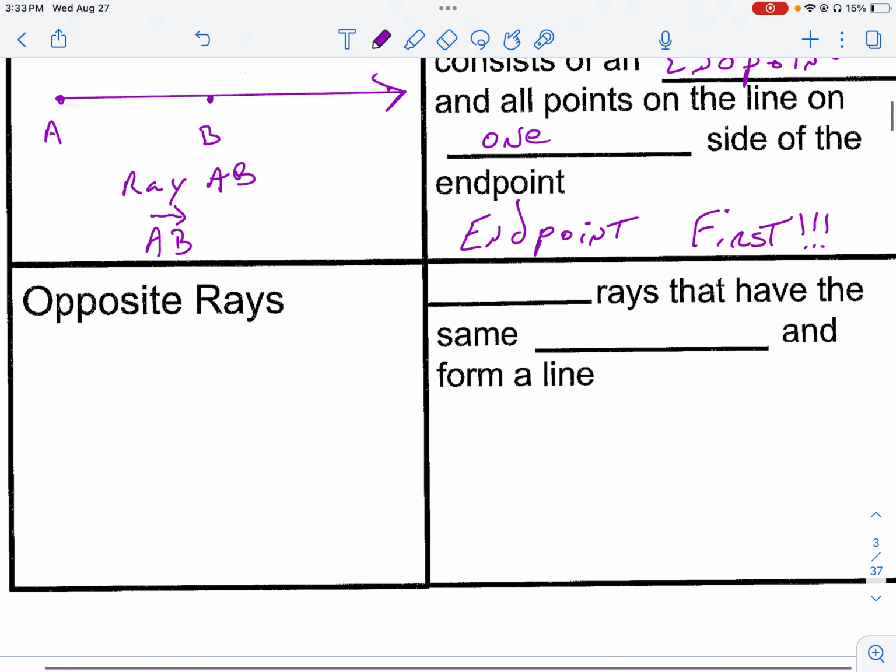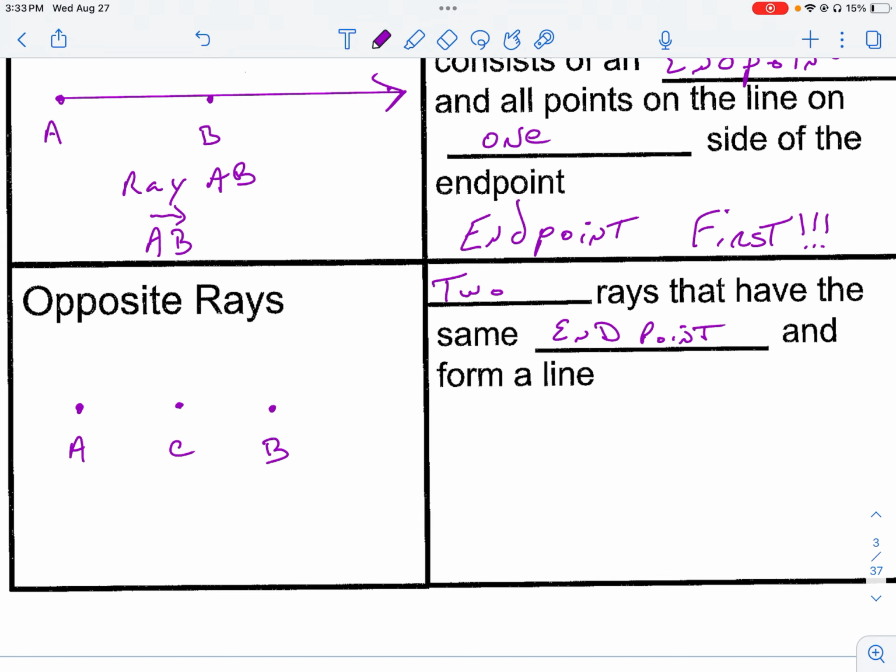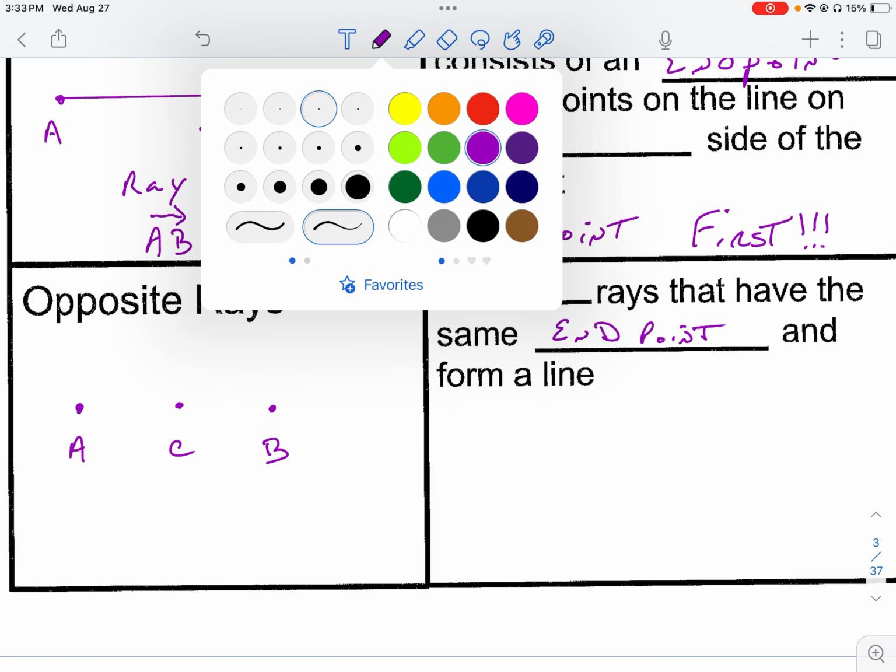The last one we're going to talk about is opposite rays. And opposite rays are two rays that have the same endpoint and form a line. So let's do our AB. And for this purpose, we need to add another friend in, so we're going to add C. So let's do this.